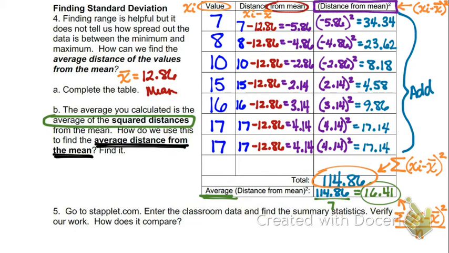So how could I take this thing that is the sum of squared distances and use it to find the average distance? Take the square root, yes. So let's take the square root of that number. I'm going to take the square root of 16.41.